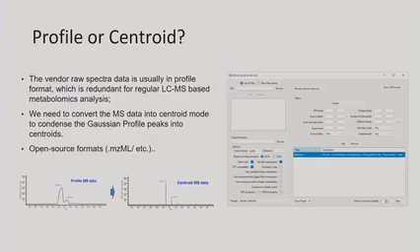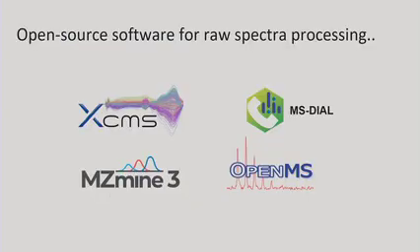The most common open source formats for raw spectral data are .mzML and .mzXML. These are the two most common formats, and there are also others, for example .cdf or .mzData. For open source raw data processing, there are a lot of commonly used software: XCMS Online, the XCMS Bioconductor package, MSDIAL, MZmine 3, which is the latest version, and also OpenMS.